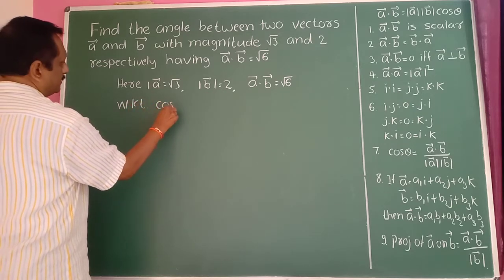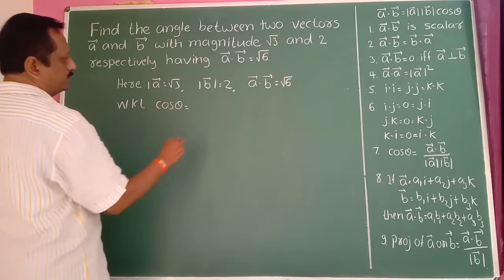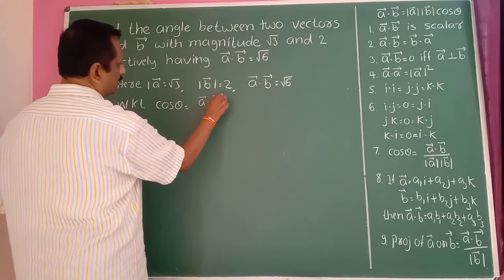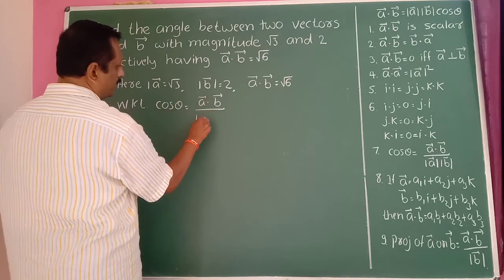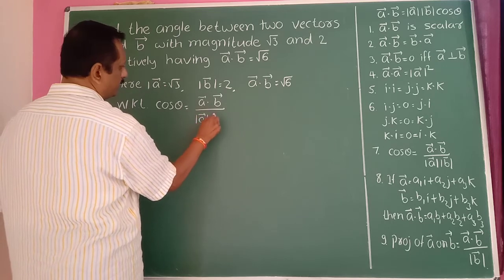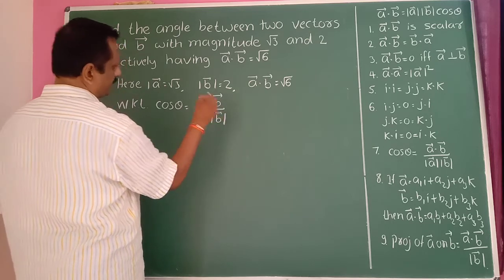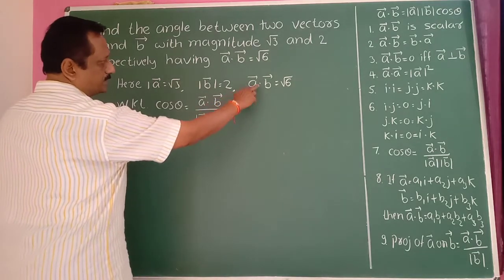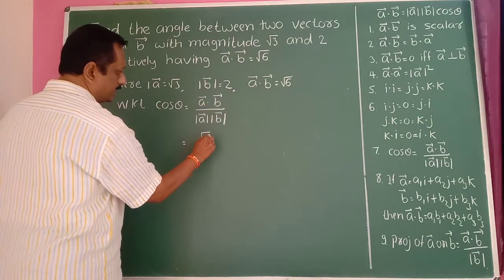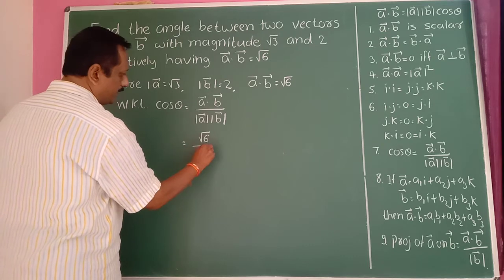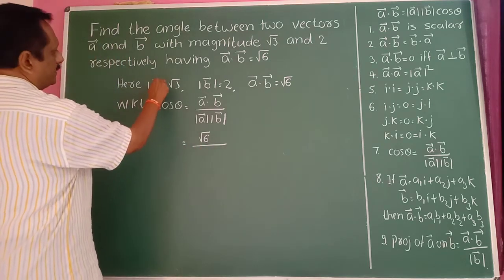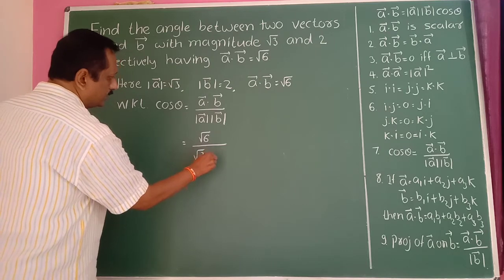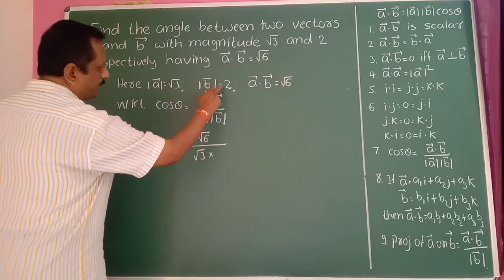Then we know that cos theta is equal to a bar dot b bar divided by modulus of the vector a bar into modulus of the vector b bar. So in the numerator write root 6, divided by modulus of a bar, which is root 3, into modulus of b bar, which is 2.